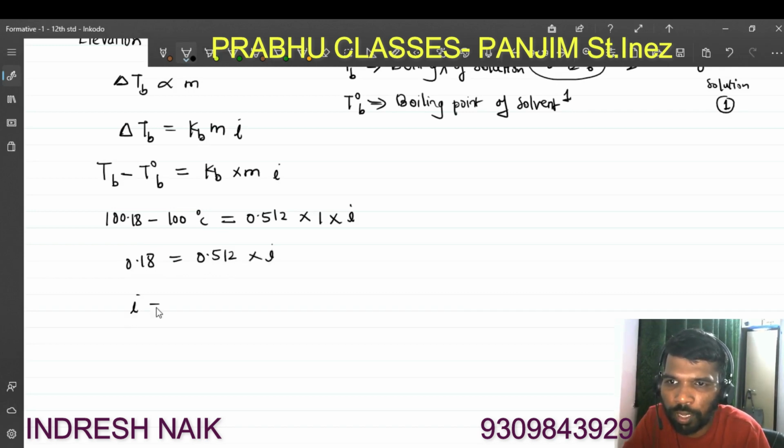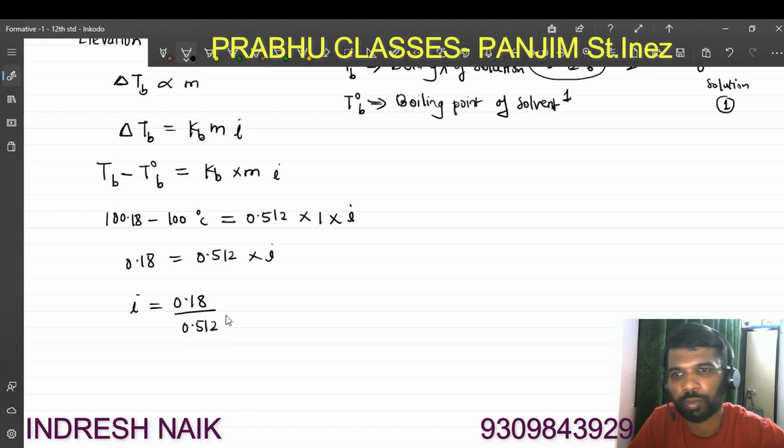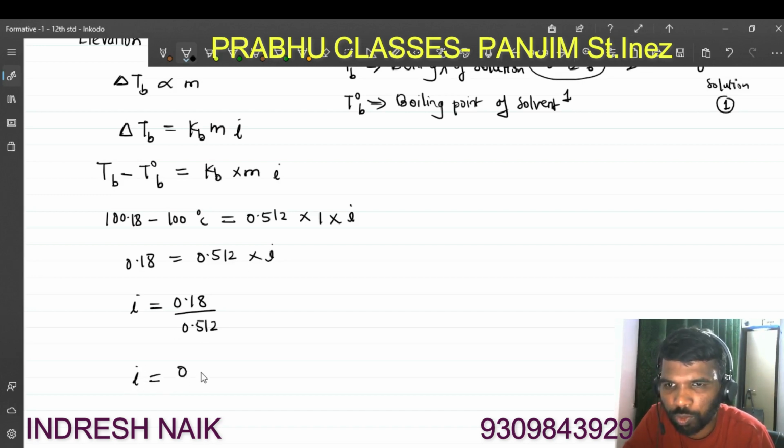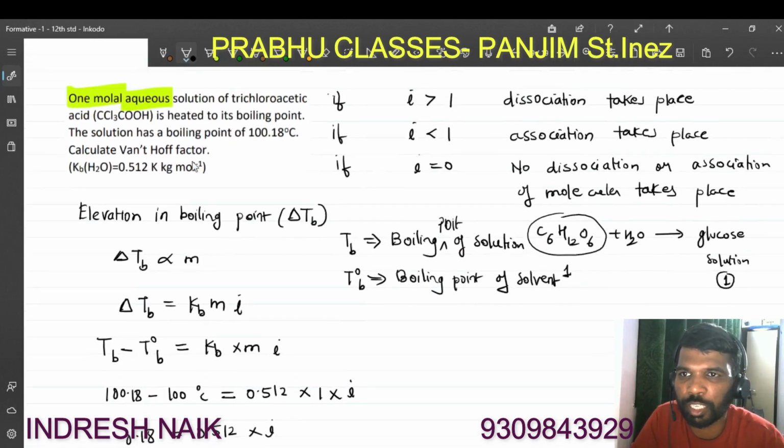Therefore i is equal to 0.18 divided by 0.512. The answer comes to be i equal to 0.351. Means what happens over here? Association takes place, these molecules combine.